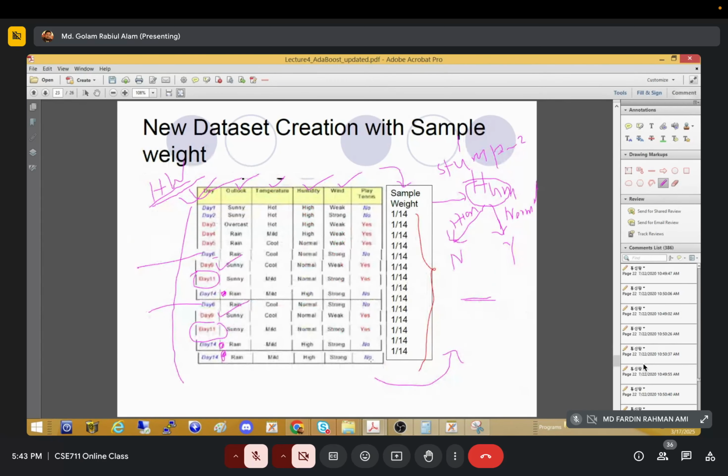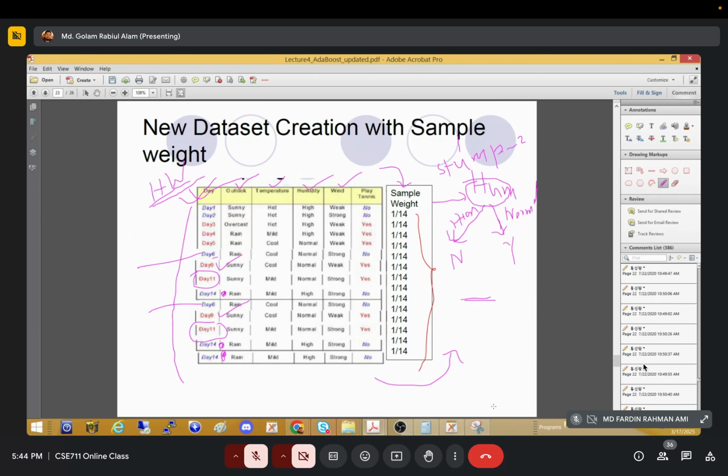So the misclassified instances are more than the correctly classified instances. So we paid more attention to our misclassified instances for next level stem generation or next level classifier.